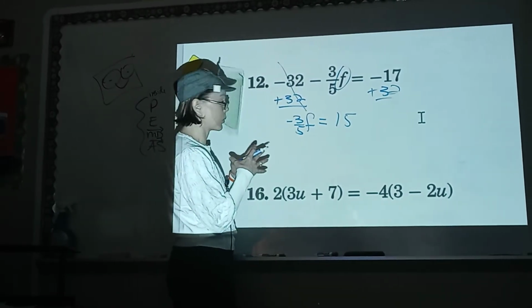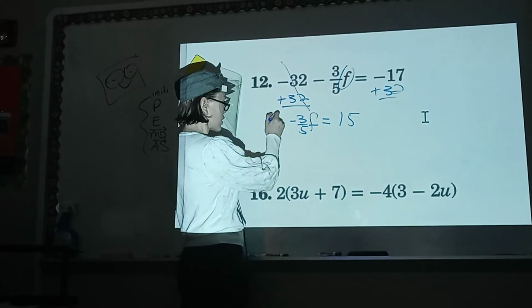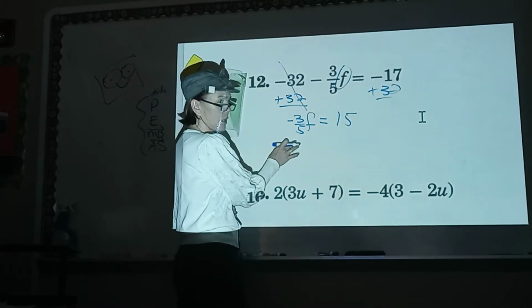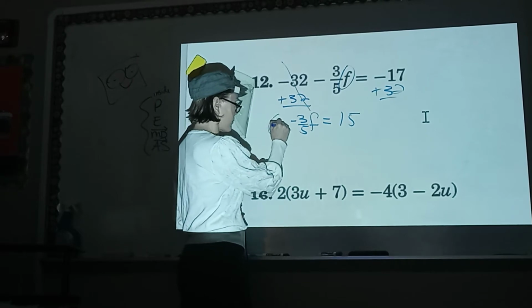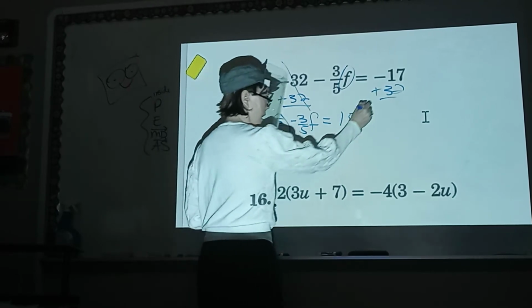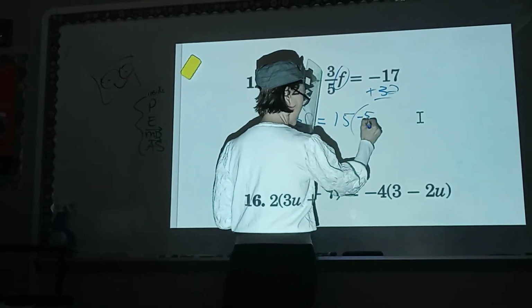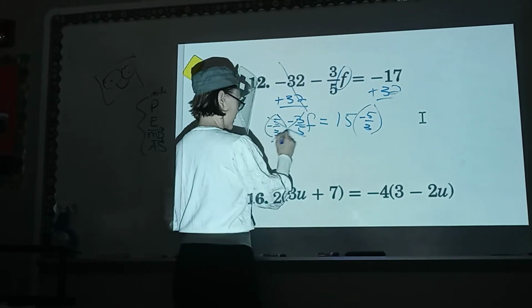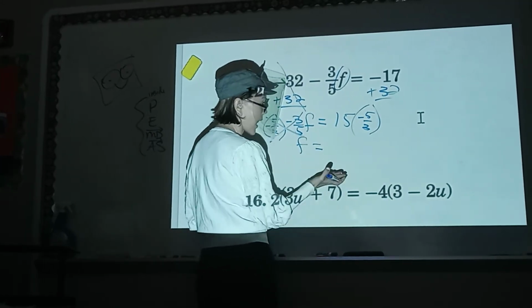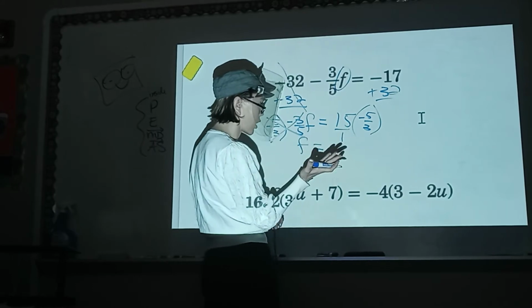So we still haven't solved for F. We've seen this a million times. We have to multiply by the reciprocal, right? Whatever we do to the left side of the equal sign, we also do to the right, and these cancel. Bring down your F. We multiply straight across.